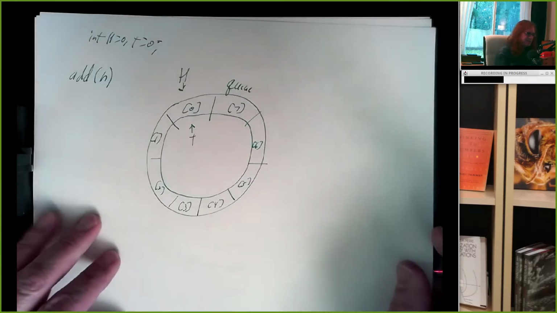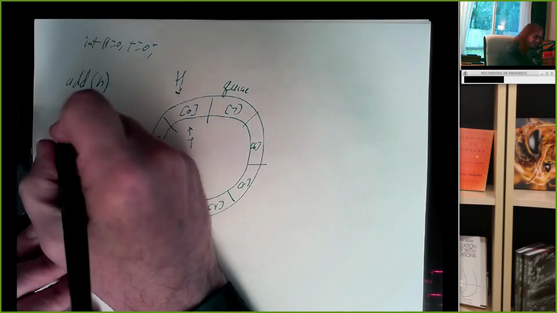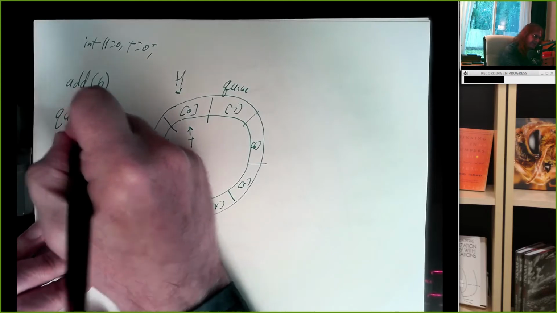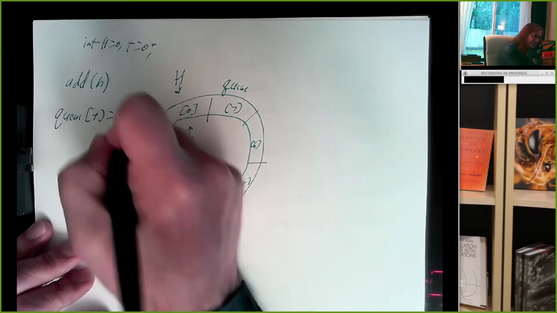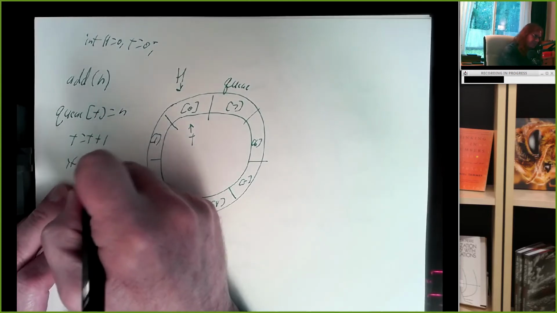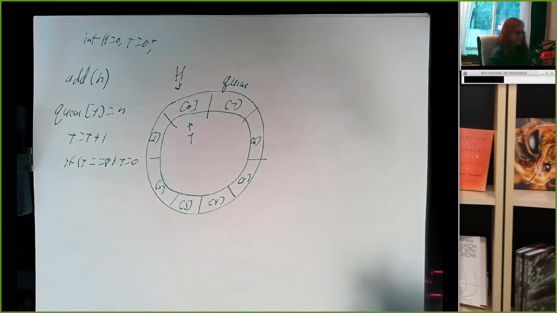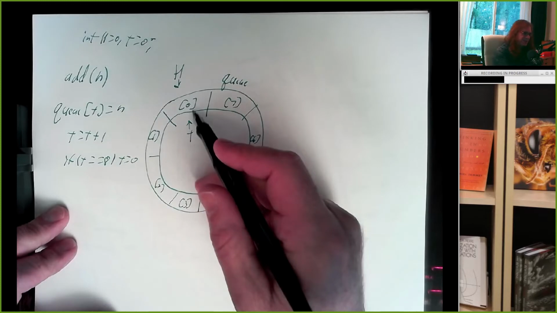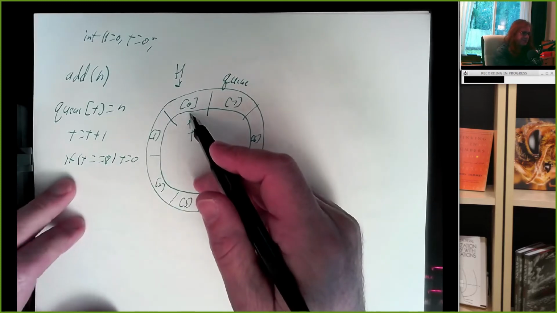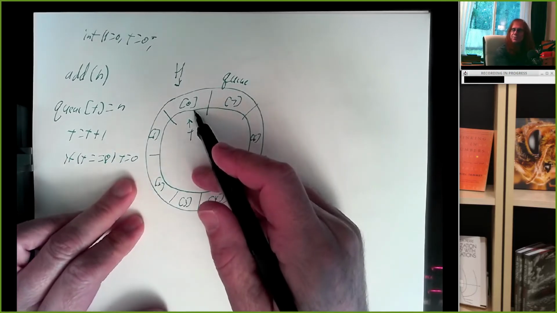So I'll initialize head and tail to 0, and then to add something, I want to add at the tail. So the syntax would be Q[tail] = n, tail = tail + 1. If tail is equal to 8, set the tail to 0. This copies the thing I'm trying to add into my queue at the position given by the tail, and then moves the tail up, and if the tail happened to move from 7 to 8, I'll reset it to 0.